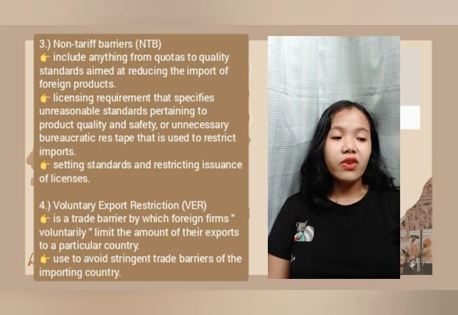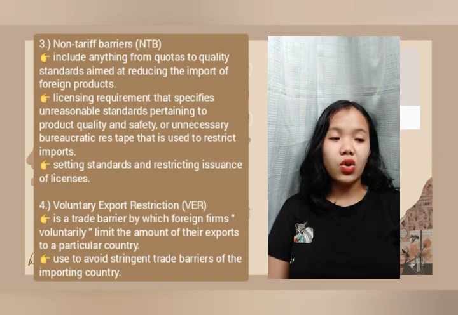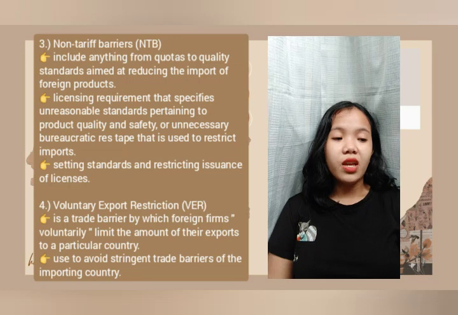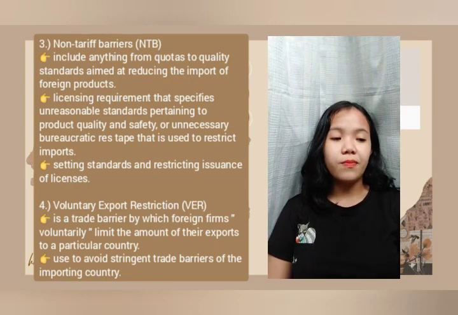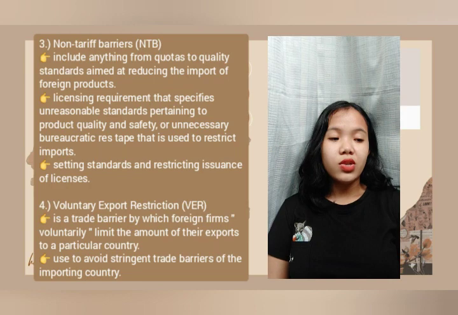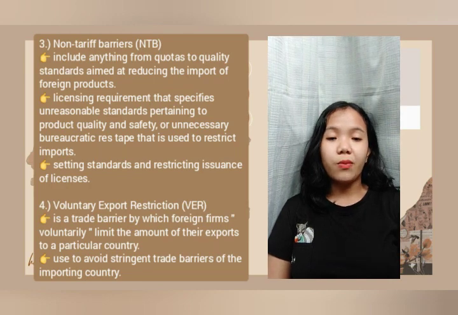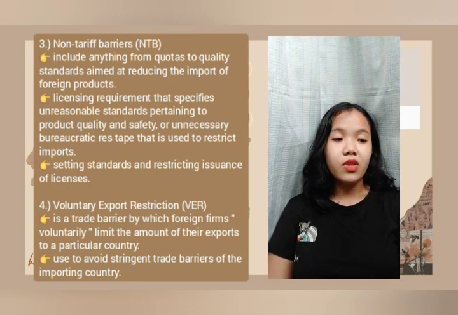Fourth is voluntary export restriction, or VER, a trade barrier by which foreign firms voluntarily limit the amount of their exports to a particular country, used to avoid stringent trade barriers of the importing country.